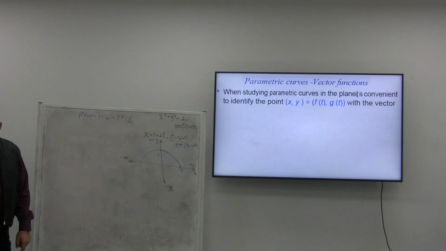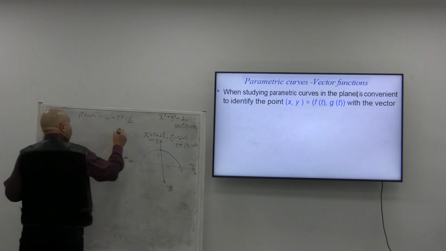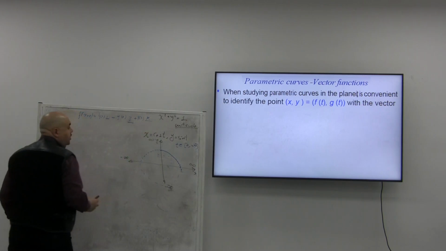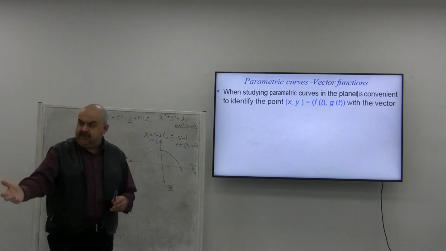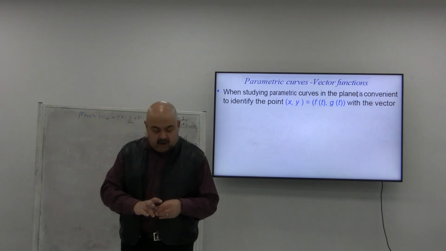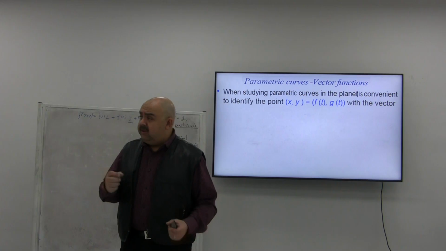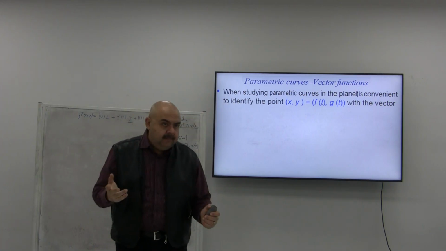If we are dealing with R3, I will have another part, h of t, with the k, which is the canonical basis for R2 or R3. Now I'm dealing with a vector function.